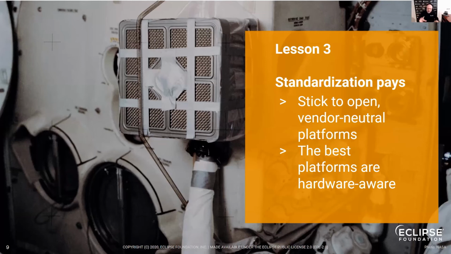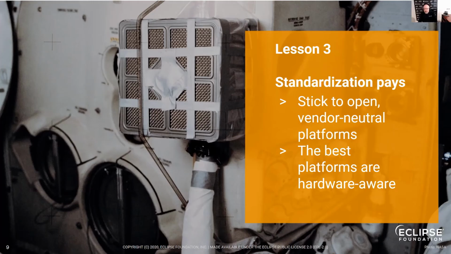You see on the photograph the kind of MacGyver type of solution that they came up with in order to have the filters fit in the lunar module. In the same way, whatever edge platform you leverage must be aware of the capabilities of the hardware that's available on the nodes. That's really important. Anyway, so that was lesson number 3.